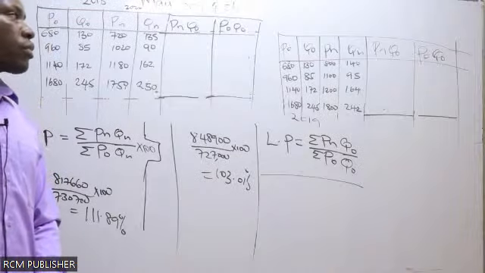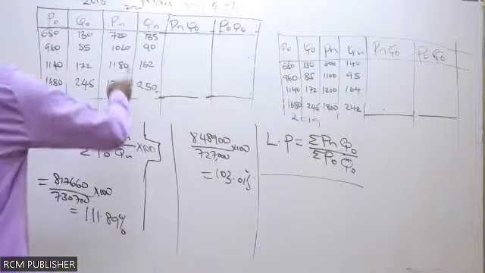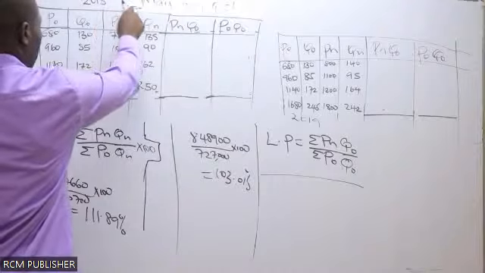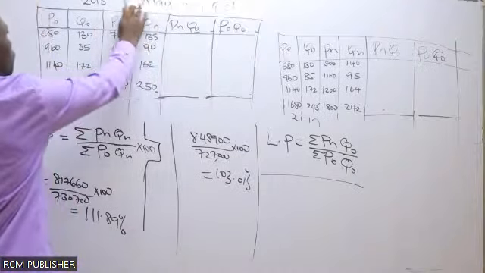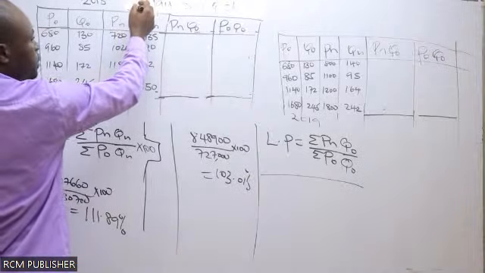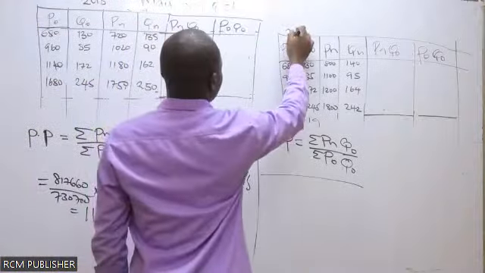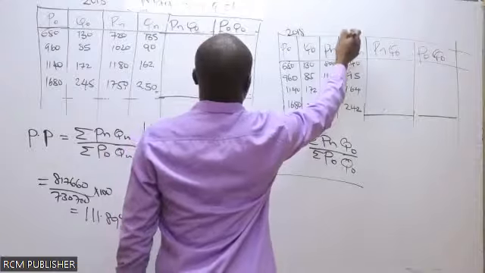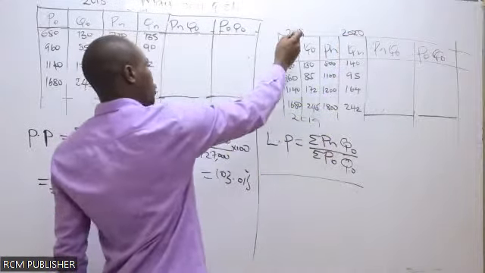For example, if you look at what we are doing here, our base year is 2018, but we are checking for 2019. The base year still is 2018, but we are now checking for 2020. Are you able to see that? Our base is constant here.